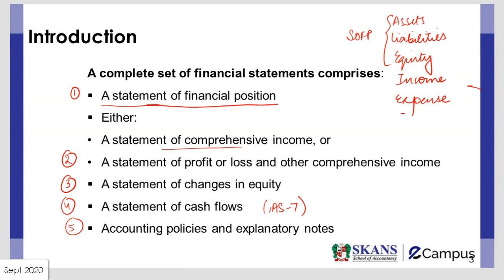Why? Because all these items are reflected as at a certain date. Whereas income and expense are shown in our P&L, which shows the movement for a period. So income is shown over a span of time. Similarly, expenses are shown over a span of time, which is why the P&L is always for a certain time period.